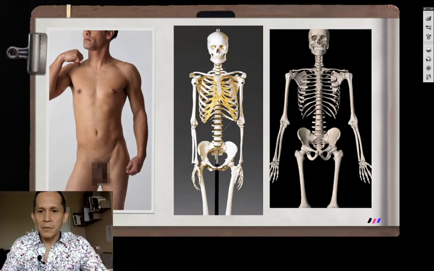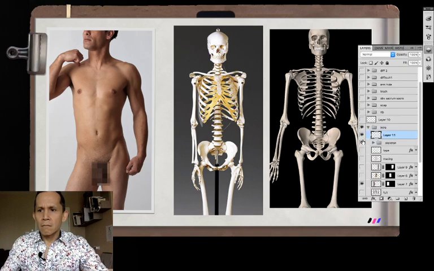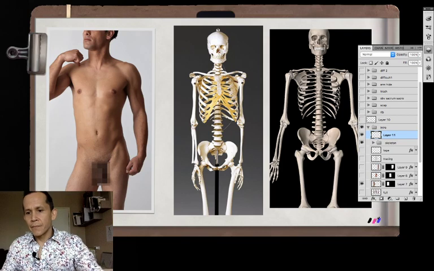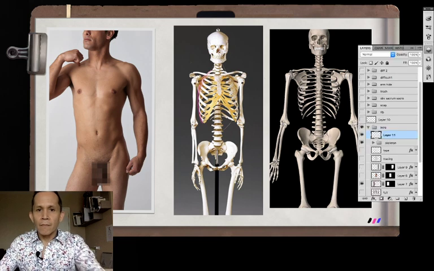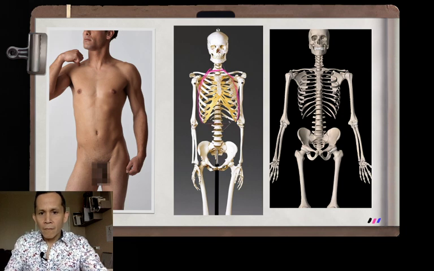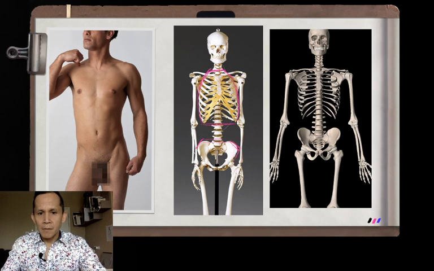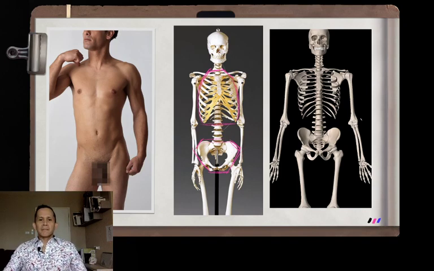There's a lot of bones going on here, but probably the most important that we need to see is the rib cage, and the pelvis, also known as the hip bone. Rib cage and pelvis. I think that's fairly obvious, right?